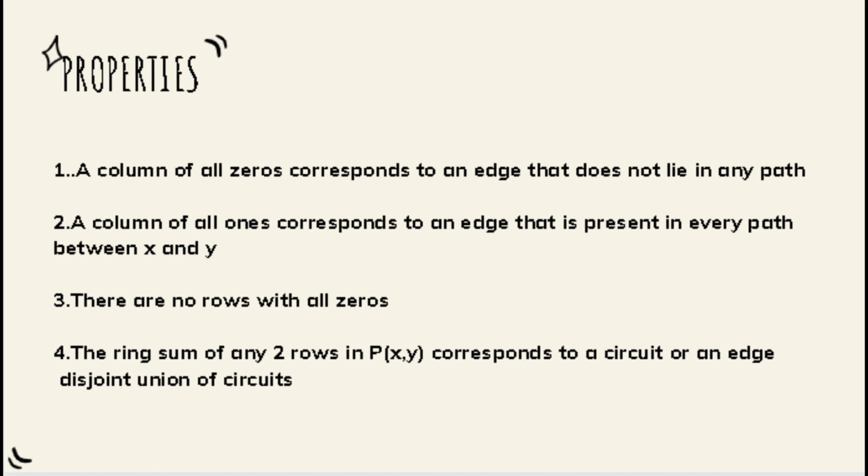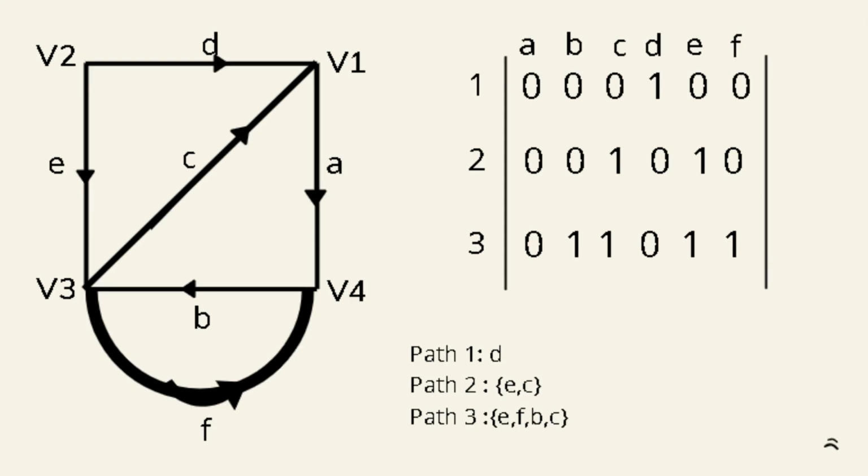Now let's look at some properties of path matrices. The first property: a column of all zeros corresponds to an edge that does not lie in any path. Let's go back to the example, and over here we can see that there is a column of zeros, which is A. That means that A does not lie in any path.